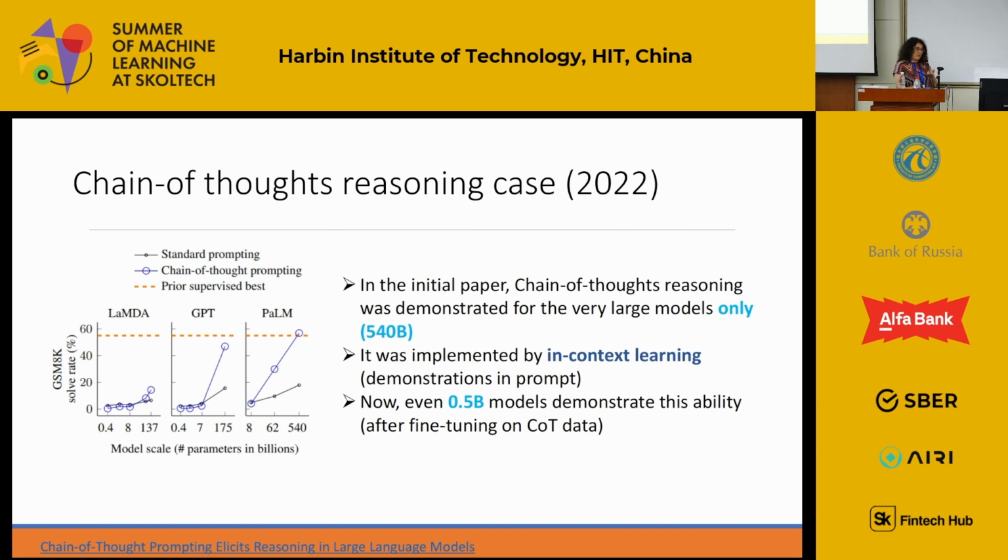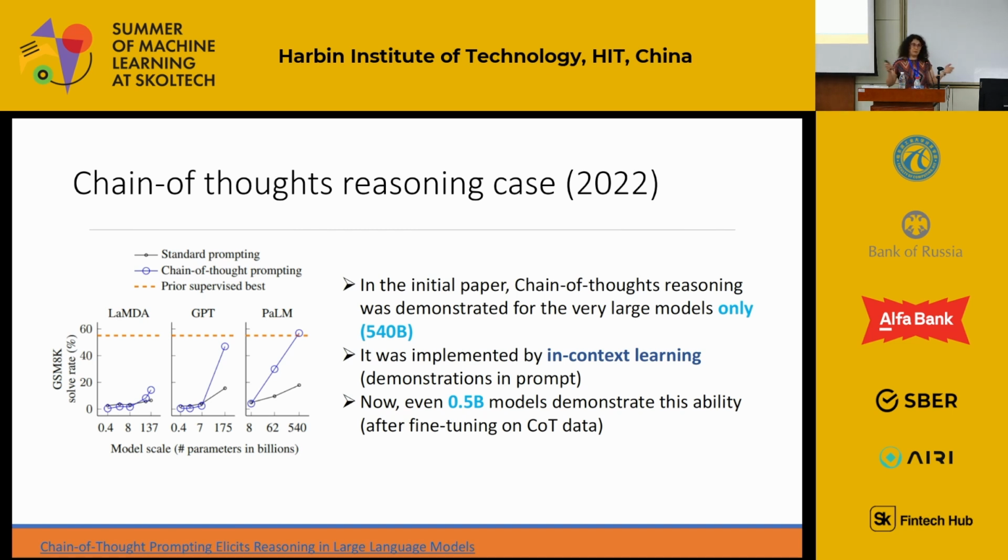An interesting example of an emerging ability was the chain of thought reasoning case. Chain of thought, the idea that the model should not output the answer immediately, but before that provide the sequence of reasoning steps for the task, was proposed in 2022. It was a novel method.